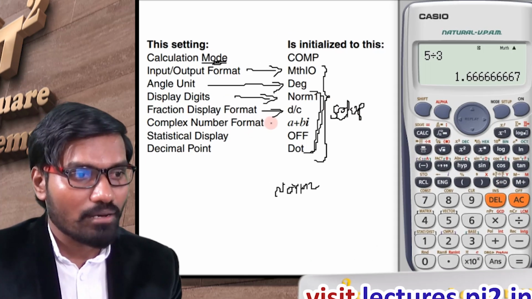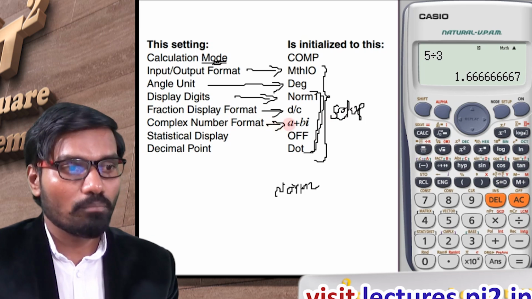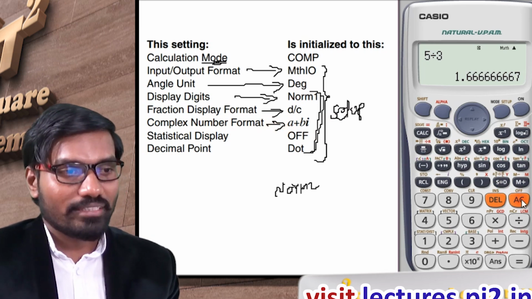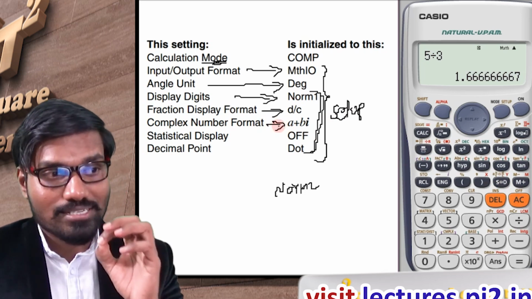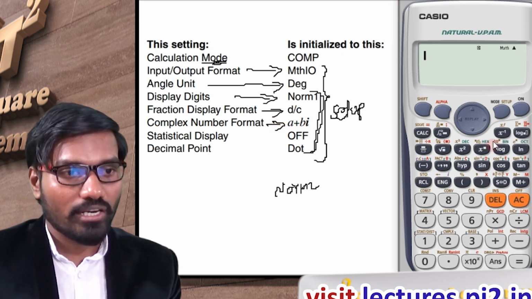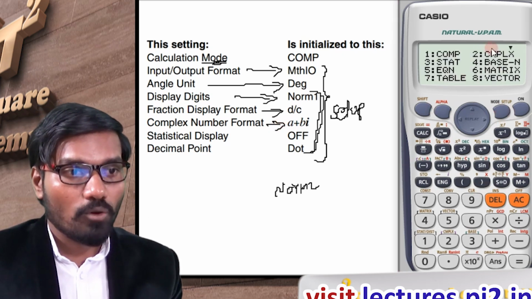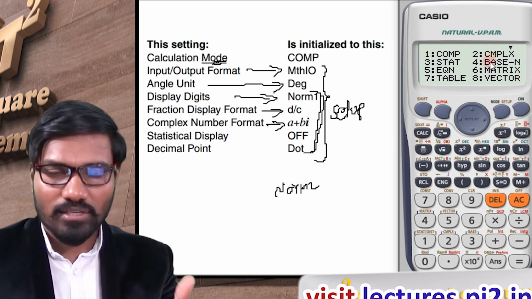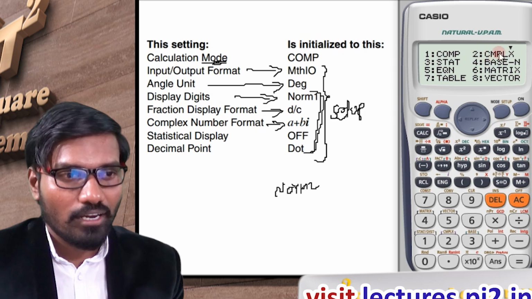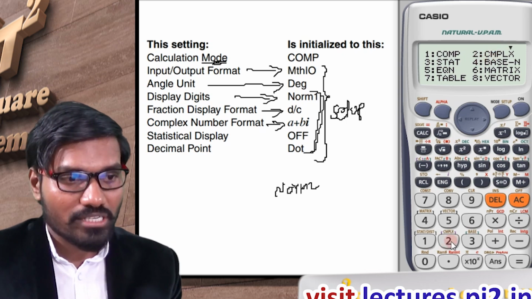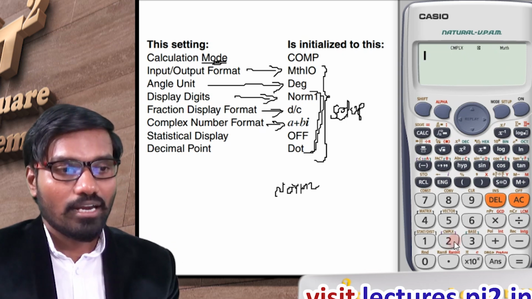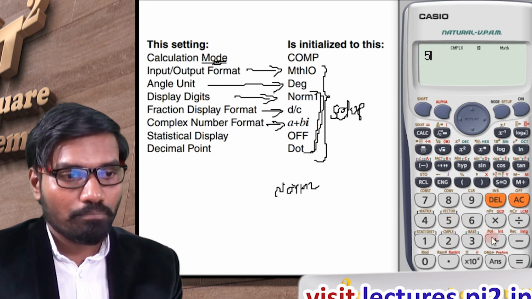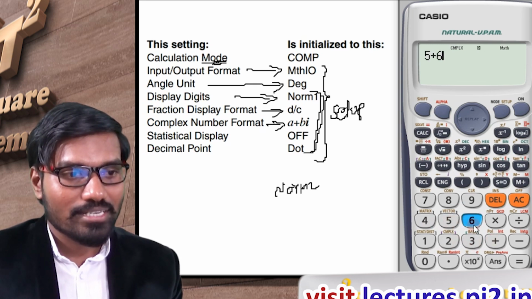Yes, complex number format. This will be useful when the calculator is in complex mode. What a complex mode is and how to deal with it, I'll explain in different lessons. Now let me get into the complex mode. I'm entering 5 plus 6.